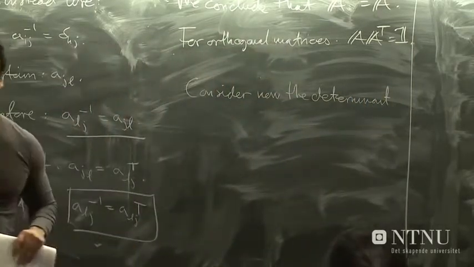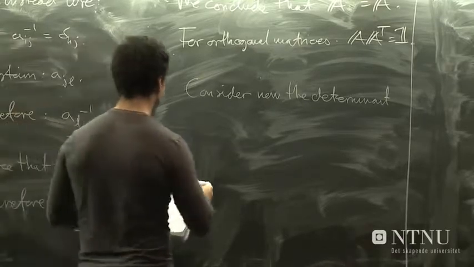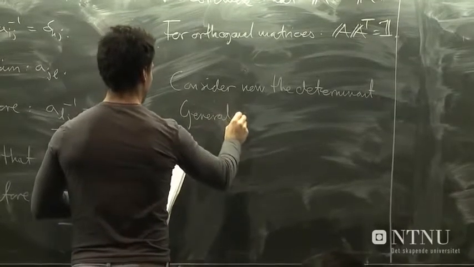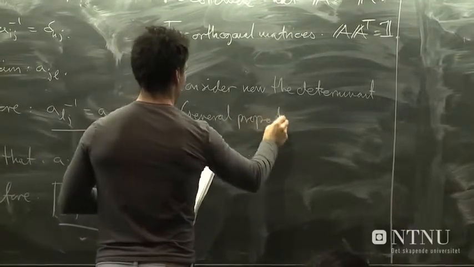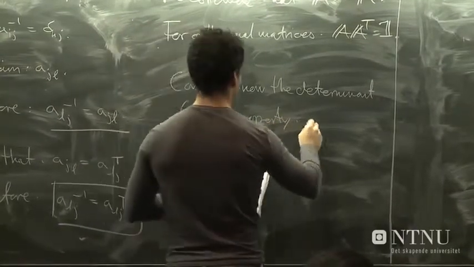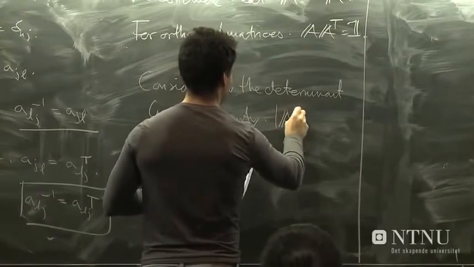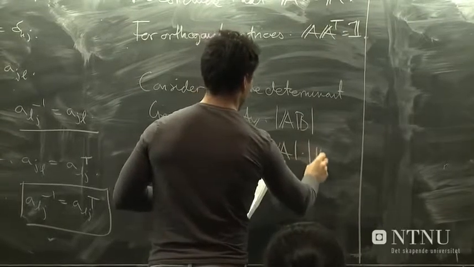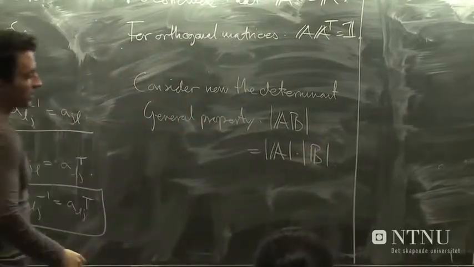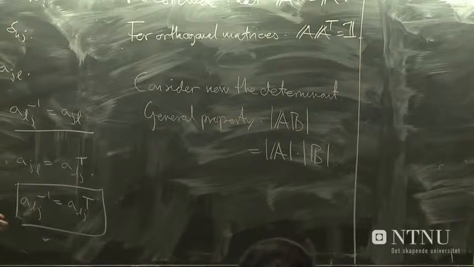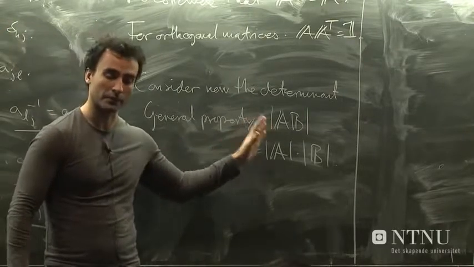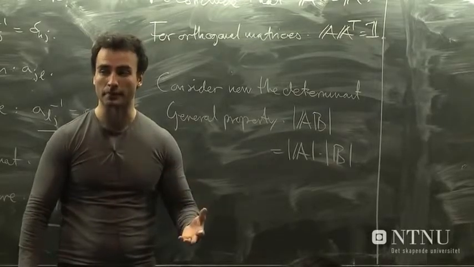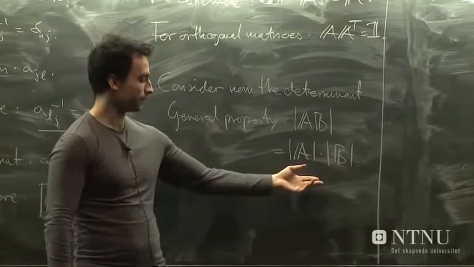Consider now the determinant of the matrix. A general property of determinants is that the determinant of a product of matrices is equal to the product of the determinants of the matrices, like this.